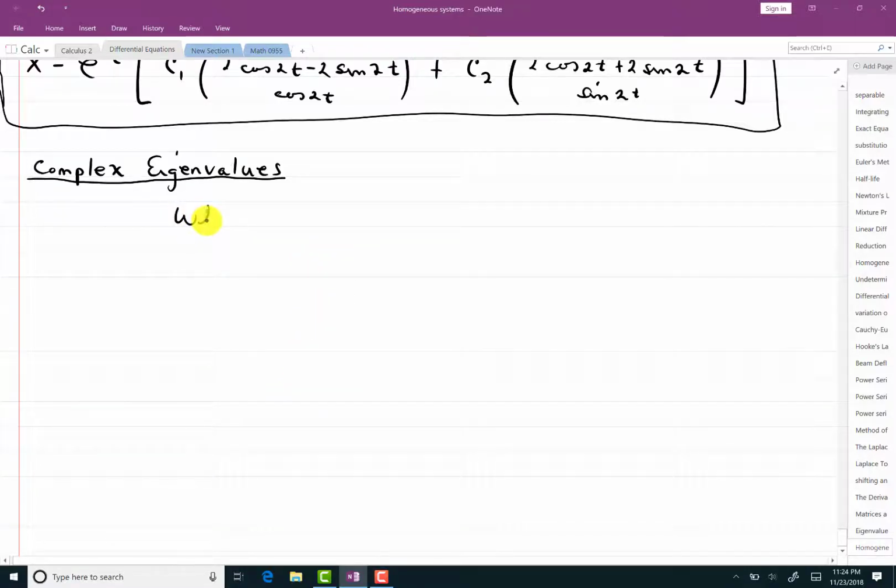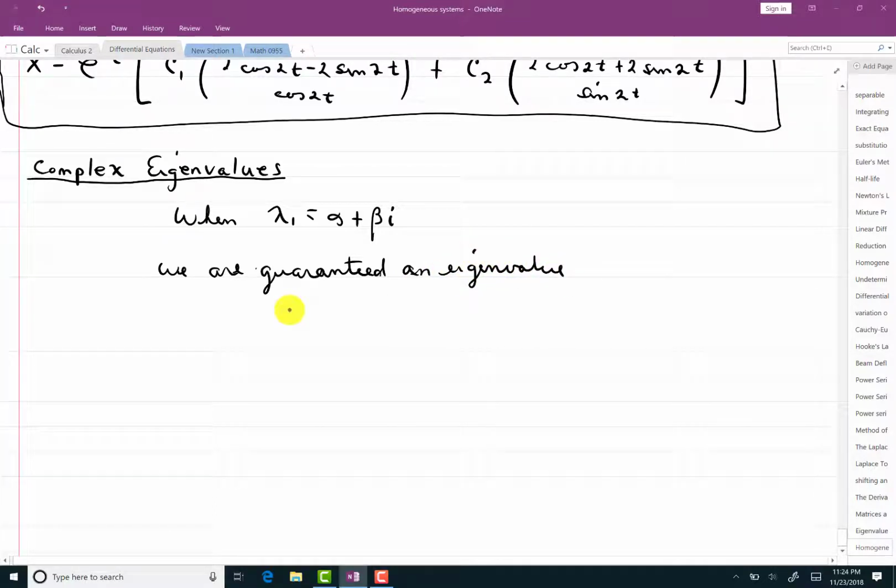So when lambda 1 equals alpha plus beta i, we are guaranteed an eigenvalue lambda 2 will equal alpha minus beta i. So this happens automatically. But there's more to it than just this. The way the solution can be written is very nice as well.